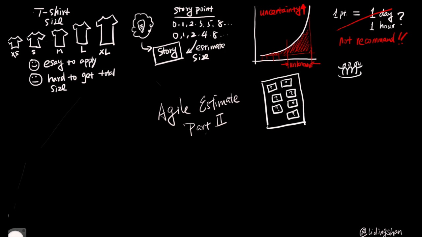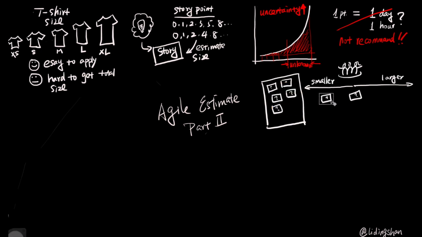In a workshop, the team can pick up any one story first and put it in the middle, like this. And then the team agrees that towards right, the story will be larger, and towards left, the story will be smaller.